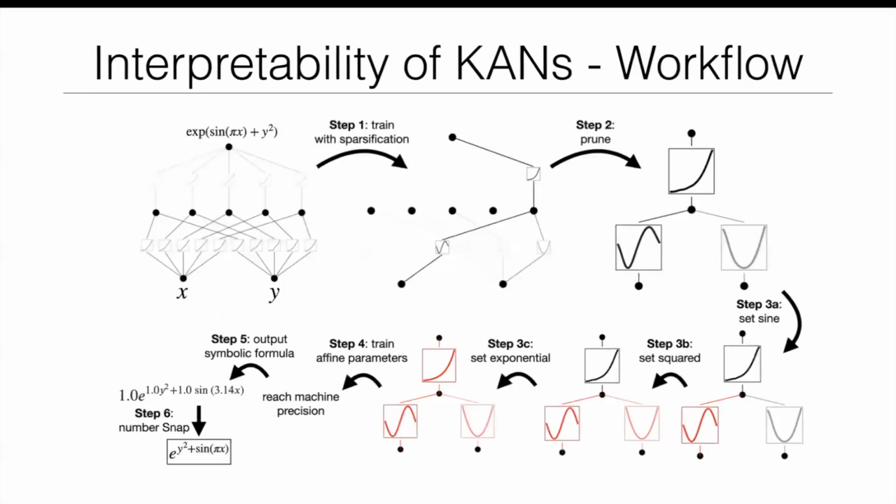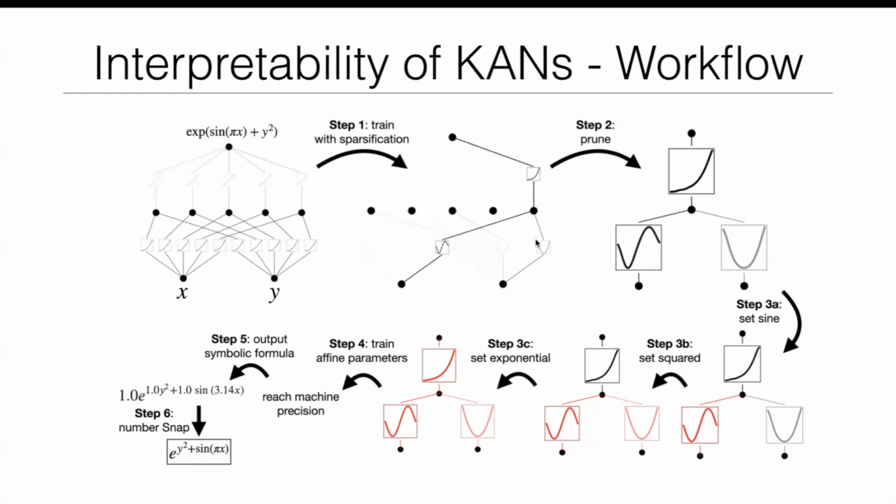So let me give an example of this process here. So let's say we want to learn the exponential of sine(pi x) plus y squared. What you do is you just sort of initialize your neural network, then you train it, and then, as I said, we start to fade out the different connections here based on how strongly they are activated. And in the end, you would see a graph like this, where most of them have been faded out, but you see sort of this x here is activated with something that looks like a sine here.